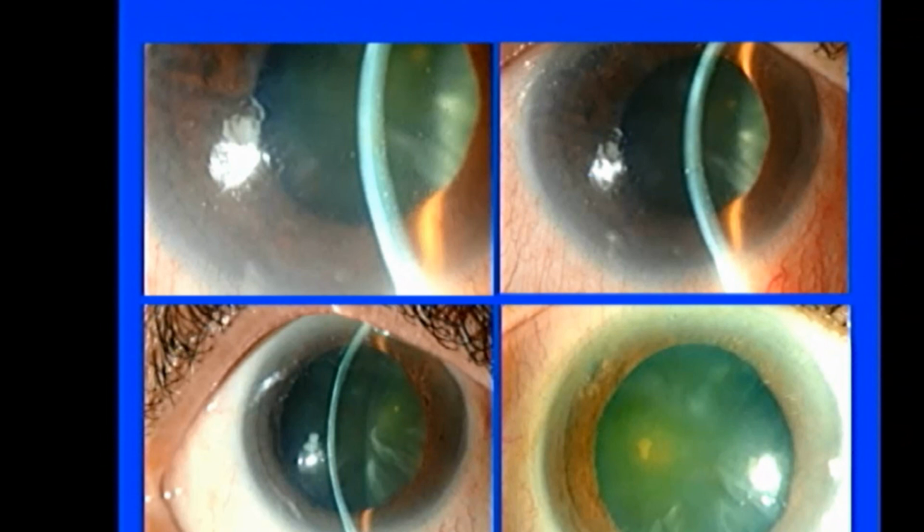This is again to enforce the lecture given by Dr. Manar. This is another case. Diagnosis. Fundus was okay. Now, next case.